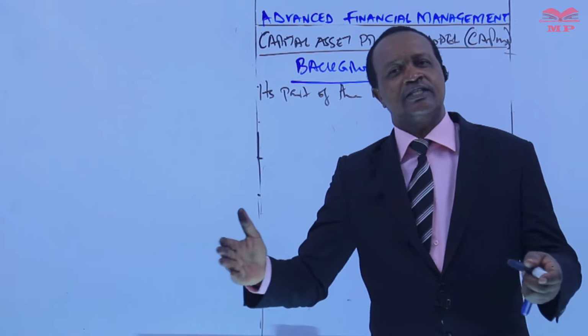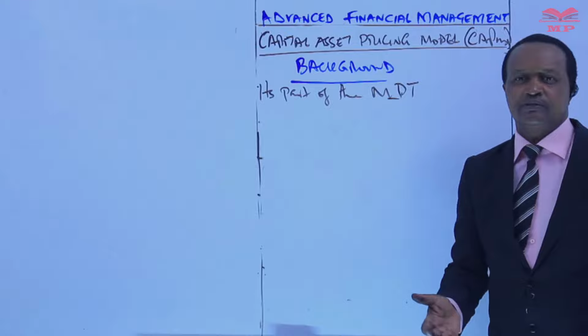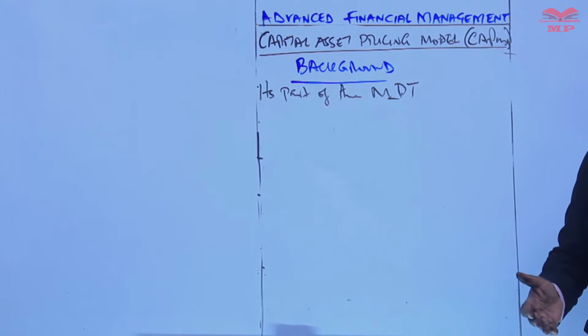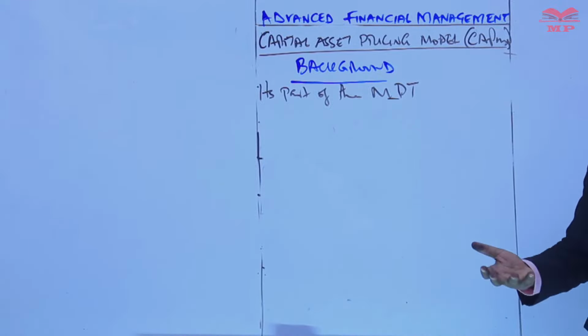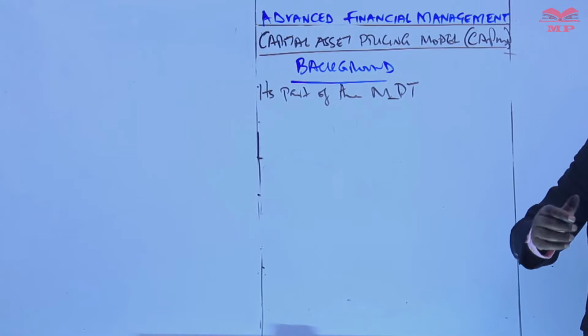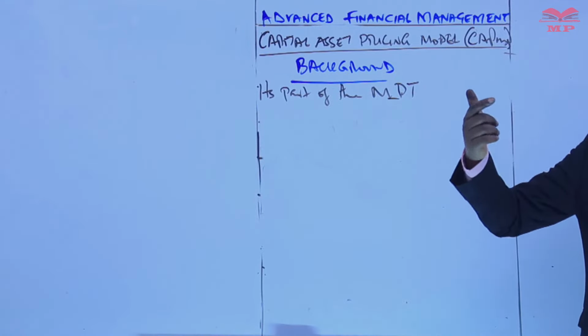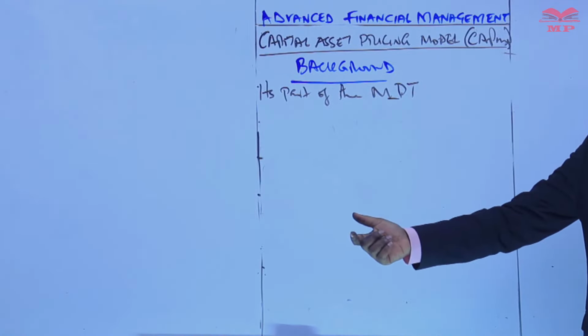Just a decade later, we had this CAPM being developed by several brilliant minds. So building upon the work of Harry Markowitz on portfolio theory, we had these economists who sought to establish a framework that could relate the required rate of return of an investment to its specific risk.